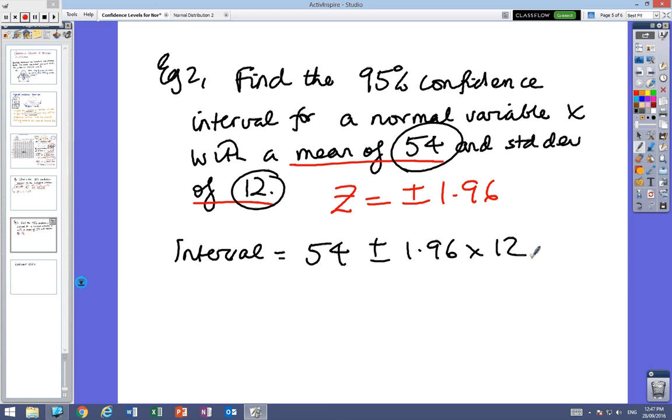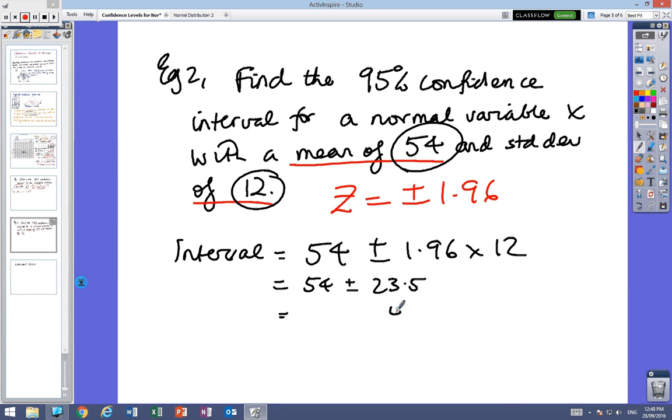Okay, so get my calculator out. 54 plus or minus 1.96 times 12, so 23.5. I won't worry about all the decimal places.